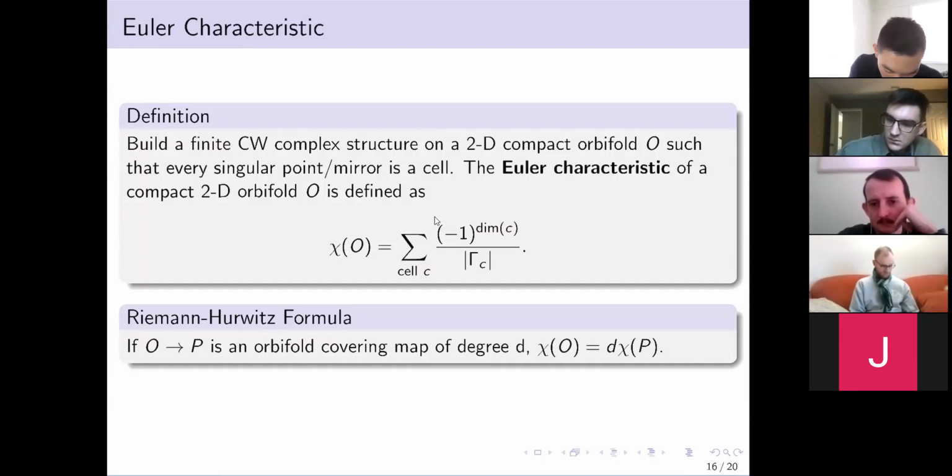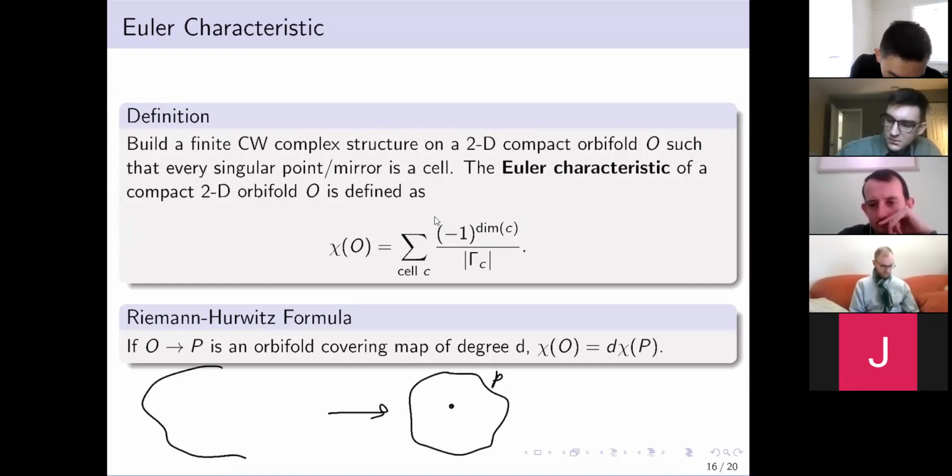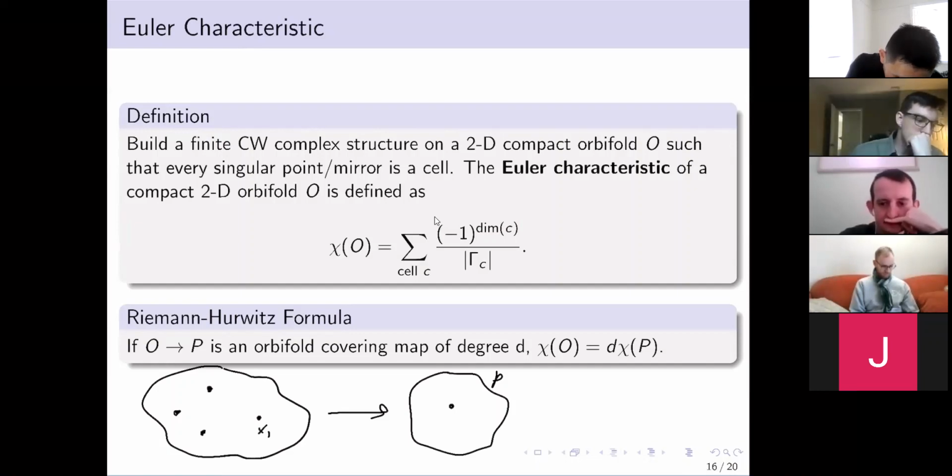So if this is P, maybe this is a point, and then I look at the pre-images of this point. So 1, 2, 3, 4, and so on. If I label these as x1, x2, x3, and this is y.